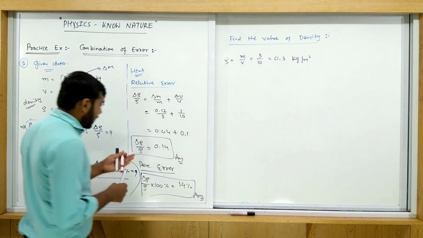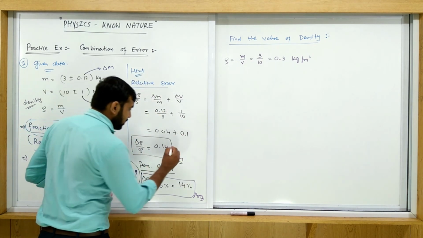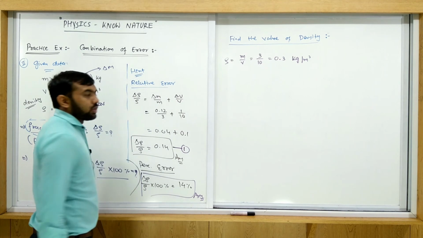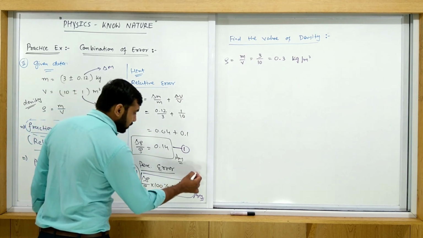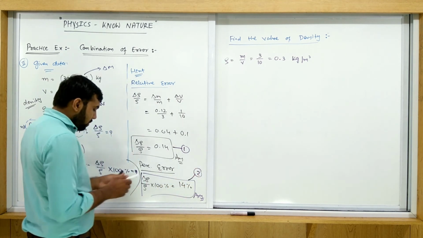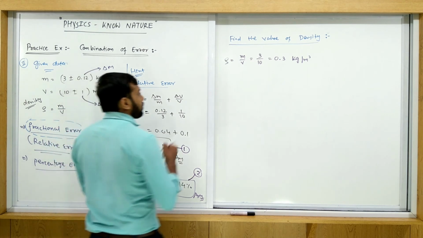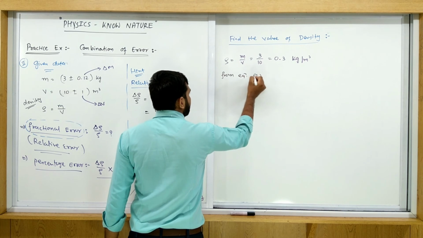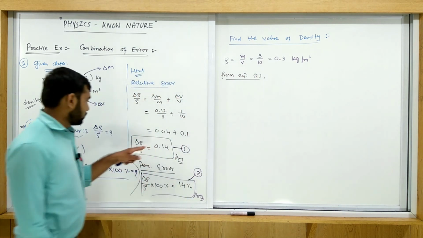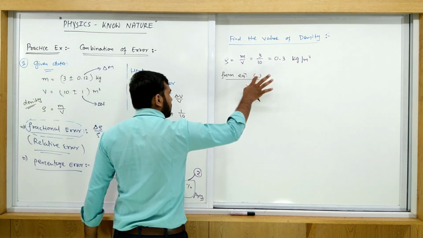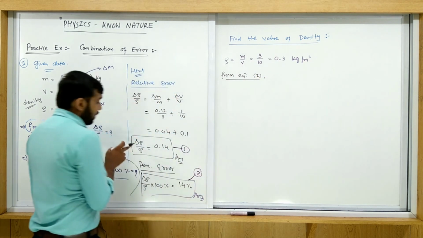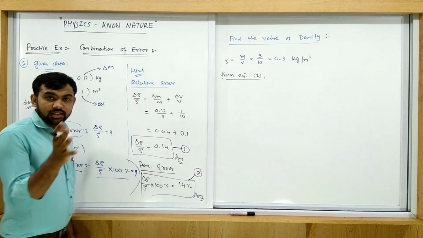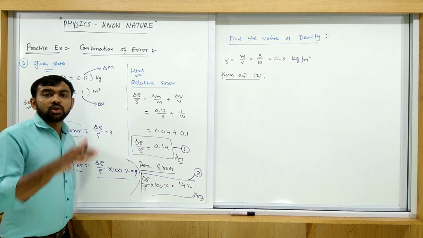Now what is delta rho? Find it from equation number 1, and consider this as equation number 2. From equation 1 find the delta rho, because we write rho is equal to rho plus or minus delta rho.